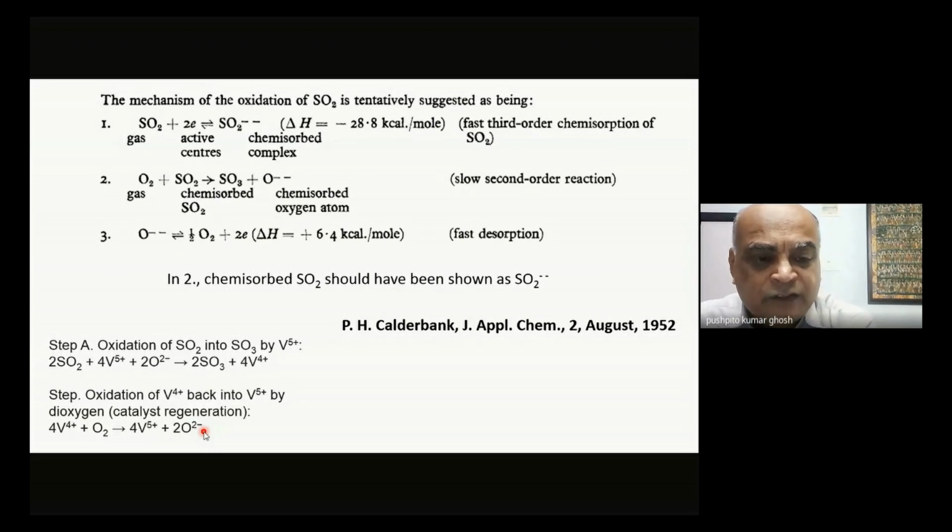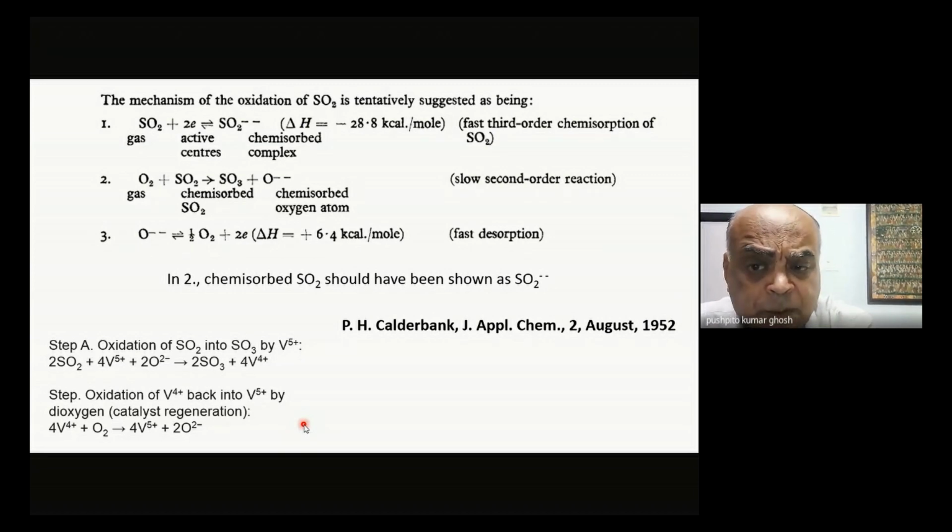Effectively, that's what is happening. I mean, the V4+ is getting oxidized to V5+, and this is becoming O2 minus. So when what is written over here is without the vanadiums, you can try to put it back in, and that's effectively what the mechanism of this process is.